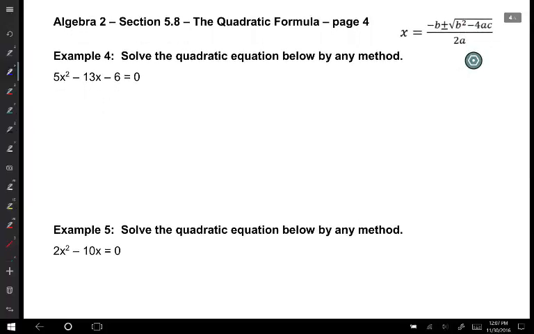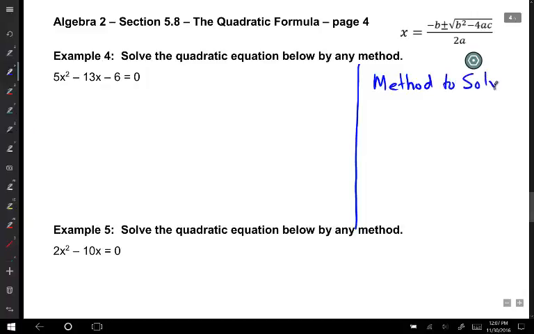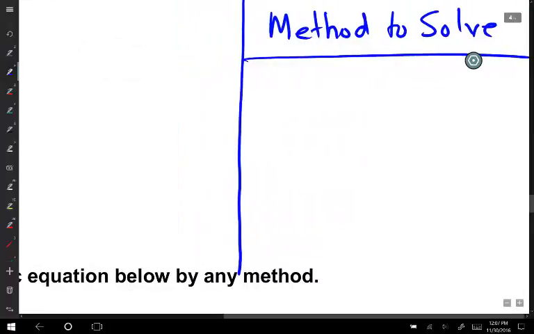Now we're going to get to the final summary here of what method to use and when it is best to use a certain method. What's the easiest method to use? So let's over here at the right-hand side, tell me a method that we used this chapter to solve a quadratic. Someone tell me one method. Okay, we used completing the square.